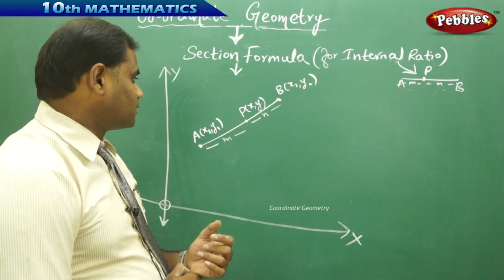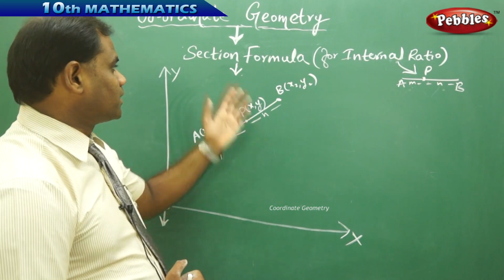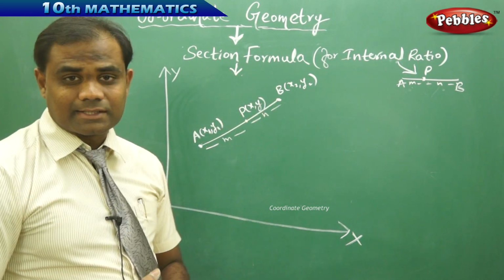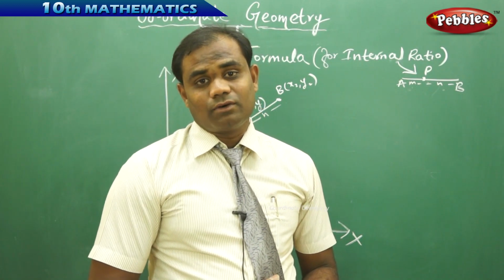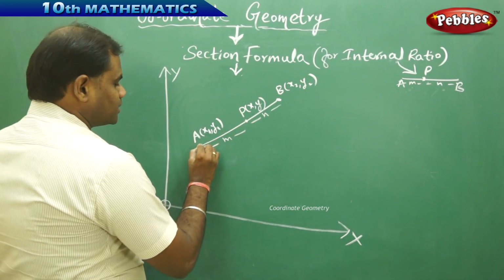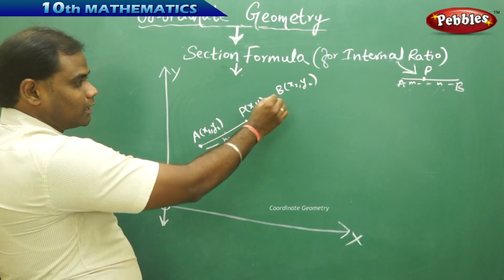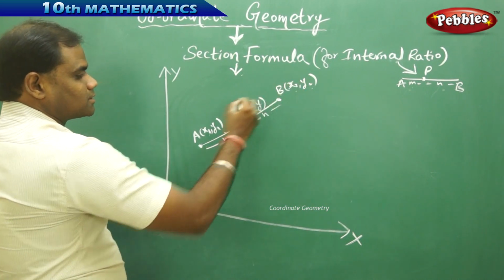Then I wanted to find the coordinates of P. The question out here is to find the section formula, that is the coordinates of P. So what are the coordinates of P? Using the picture, the coordinates of A are x1, y1, the coordinates of B are x2, y2, and the coordinates of P are x, y.